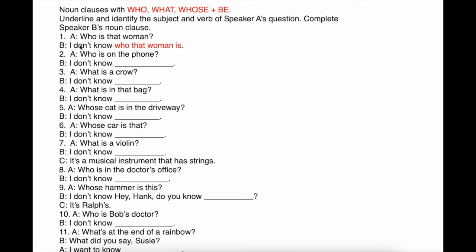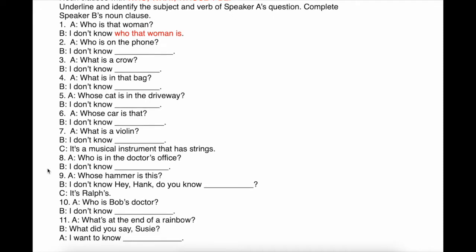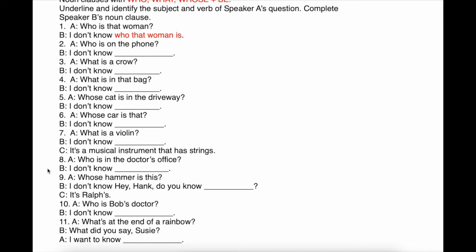In noun clause, I don't know who that woman is, because I use the helping verb after the subject in noun clause, but in question before the subject. Now let me just move it up a little bit. Yes, like this.